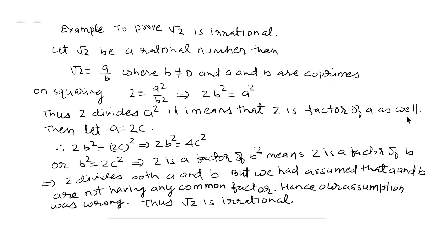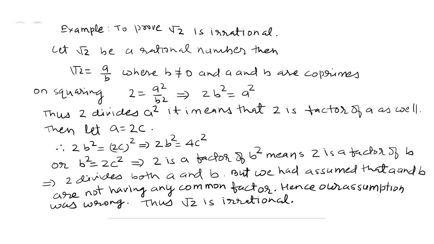Hence, 2 divides both a and b, but we had assumed that a and b do not have any common factor. Hence, our assumption was wrong. Thus, root 2 is irrational. This we have proved by method of contradiction.